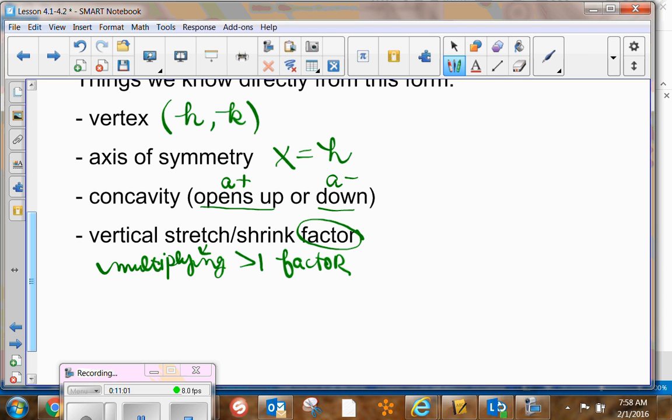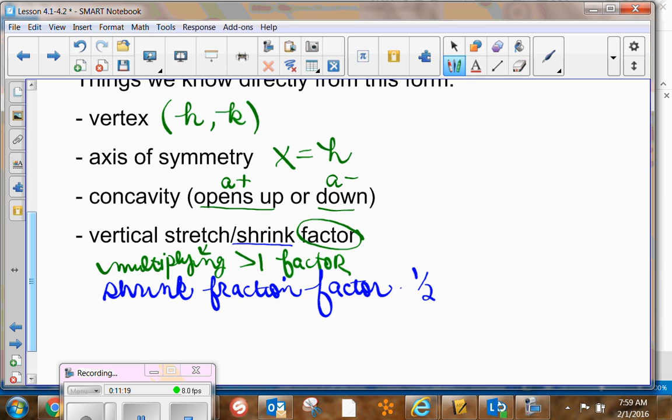That's right. And when you shrink it, you're multiplying by a factor that's a fraction, like a half or 3/4. That's what your a would be.